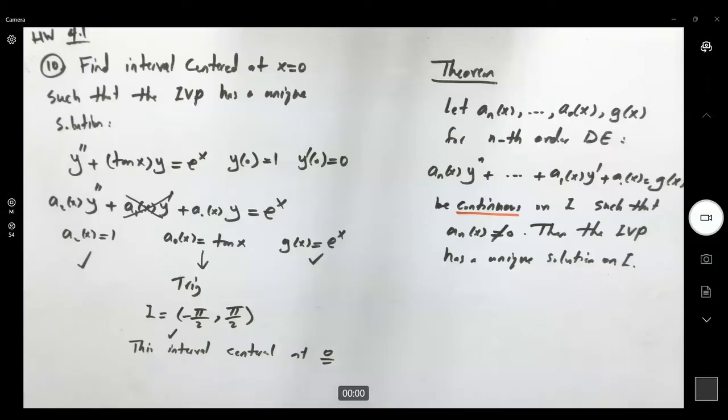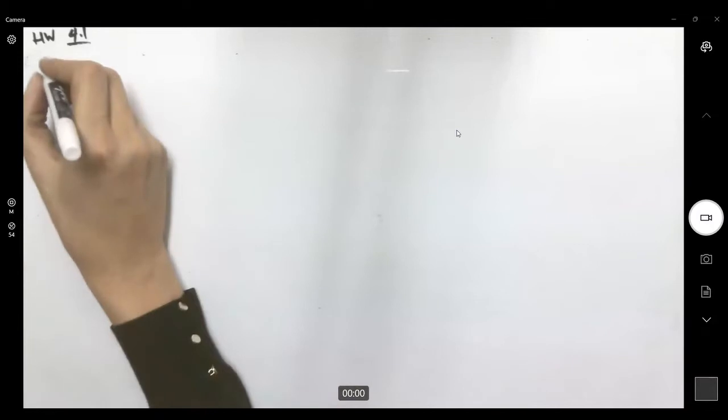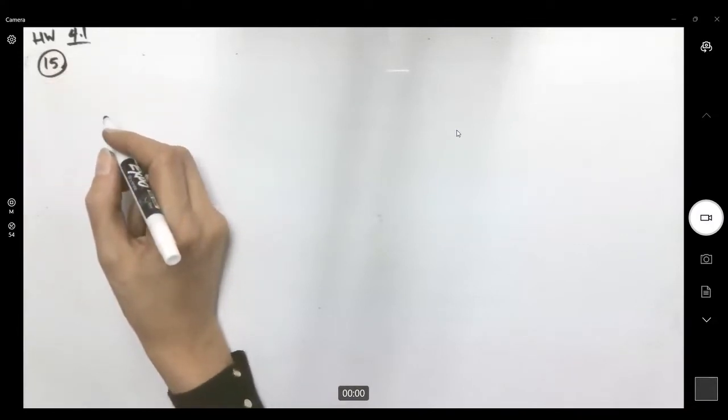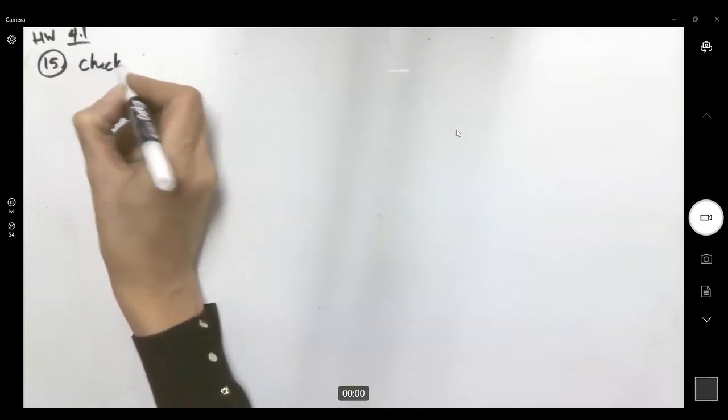Let's take a look at question 15. So question 15 says, check linear independency of the following.